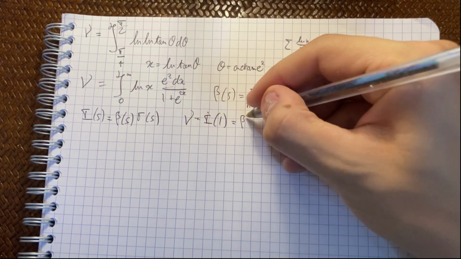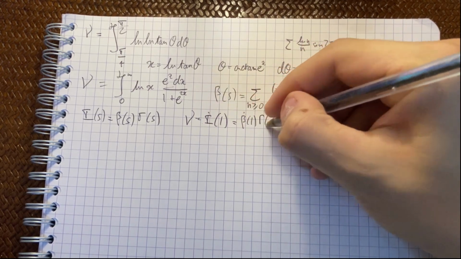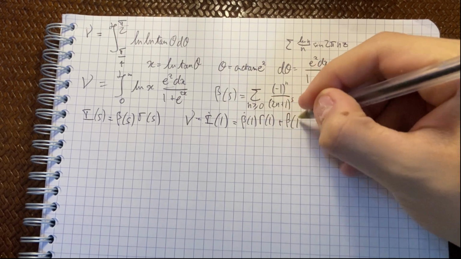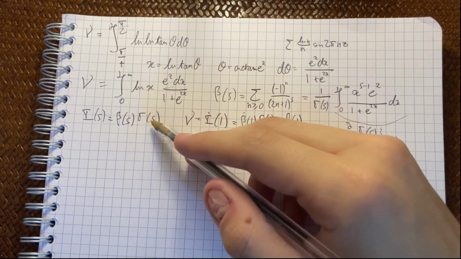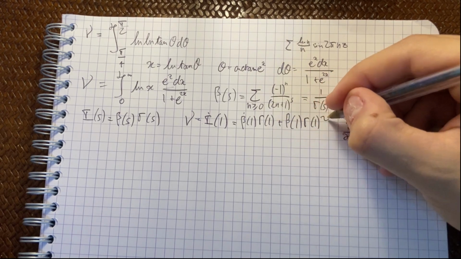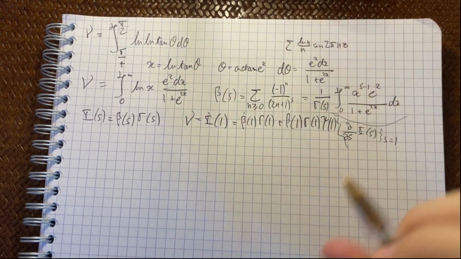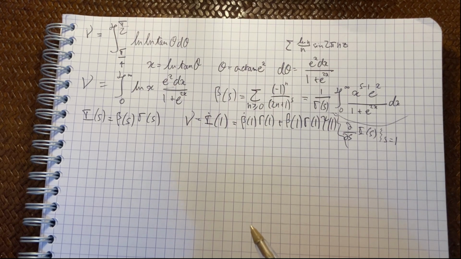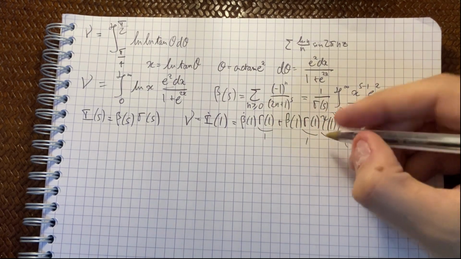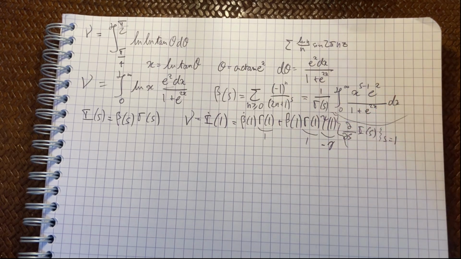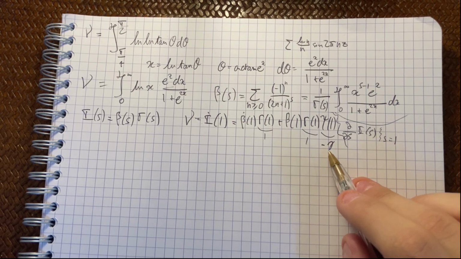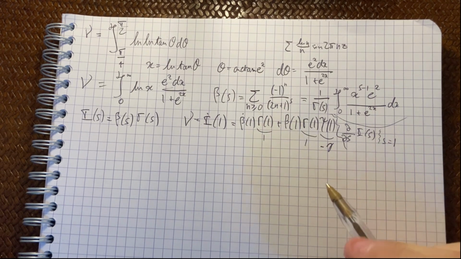which is exactly beta dot of 1 times gamma of 1 plus beta of 1 times the derivative of the gamma function, which is gamma times digamma. So gamma of 1 times digamma of 1. And here gamma of 1 is nothing but 1, and digamma of 1 is negative gamma, the Euler-Mascheroni constant, which is about 0.577.